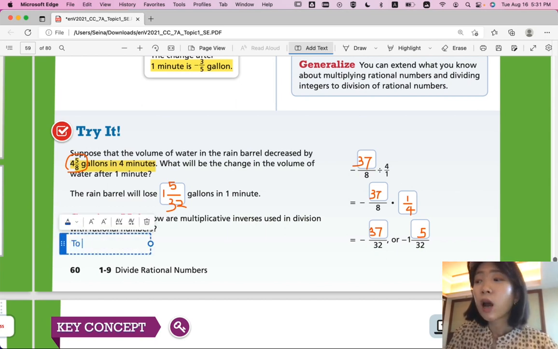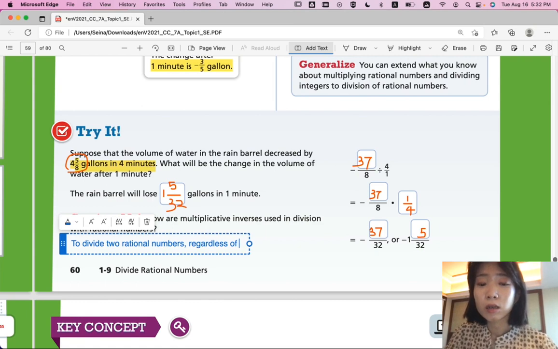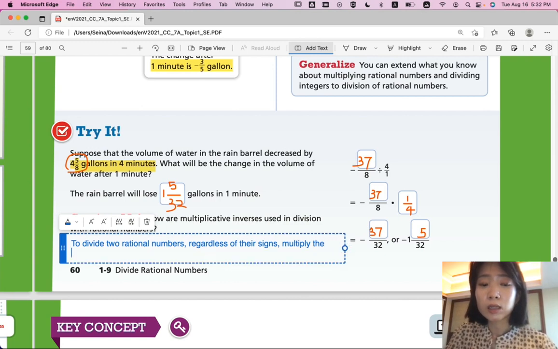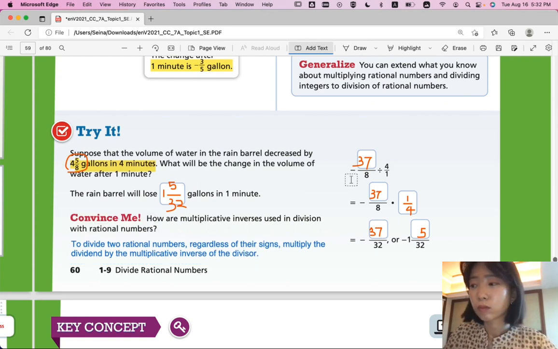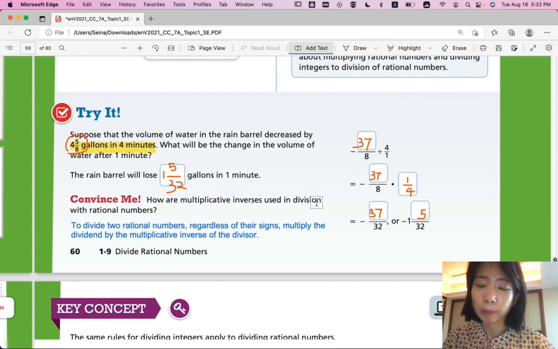In other words, to divide two rational numbers, regardless of their signs, you can multiply the dividend by the multiplicative inverse of the divisor. This is a good tip that you need to remember.